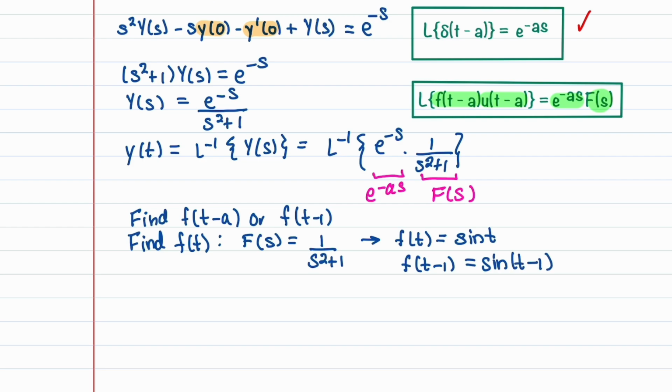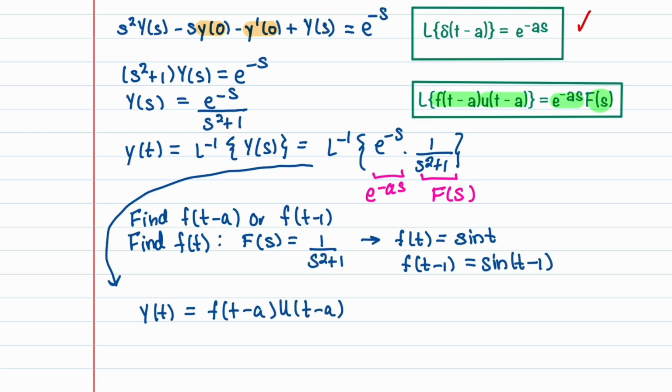Now we can put all of this together. I'm going to draw an arrow here. We have y of t is the inverse Laplace transform of e to the minus as times F of s. So this is equal to f of t minus a, I'm just going to write the formula first, times u of t minus a.